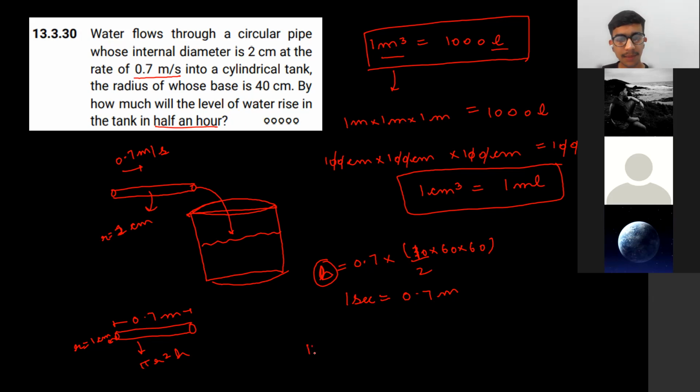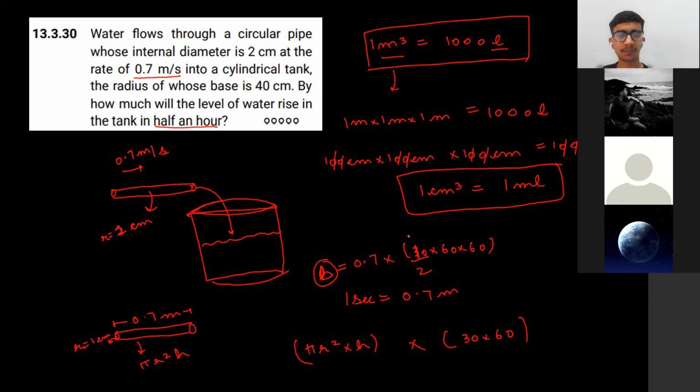So basically we are multiplying pi r square h into the time in seconds, half an hour in seconds. So that means 30 into 60. So basically हम लोग 1 सेकेंड पे पाइप में observe करते हैं कि कितना amount of water फ्लो कर रहा है, and then we multiply it with the time through which the water is flowing.